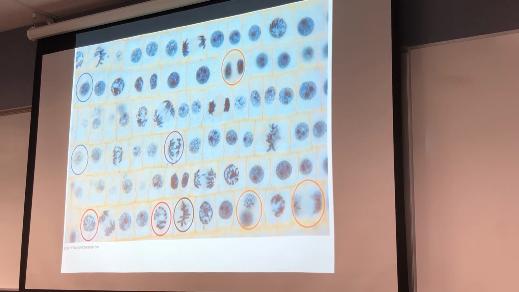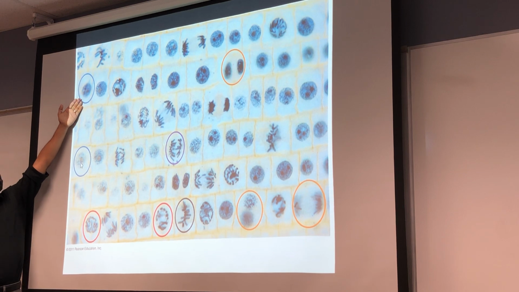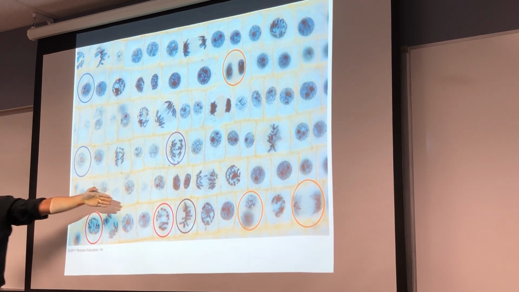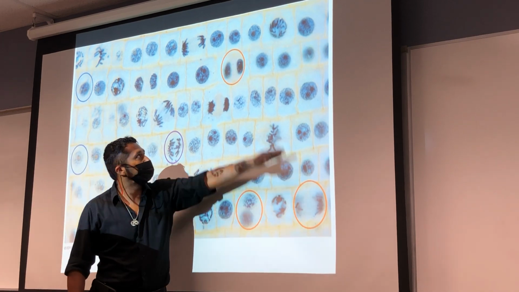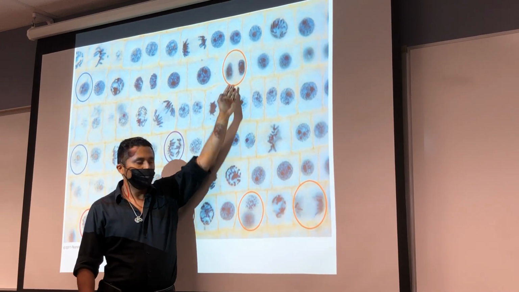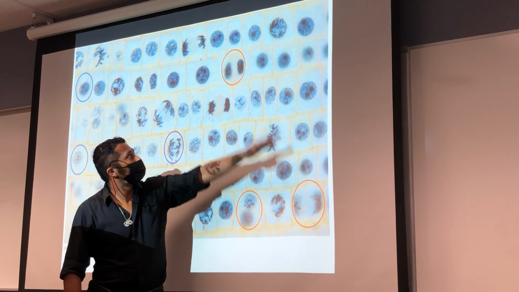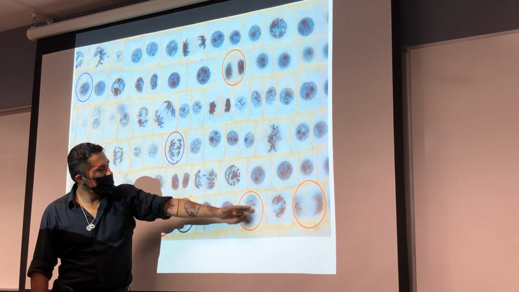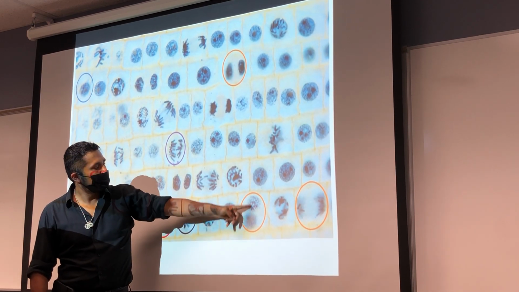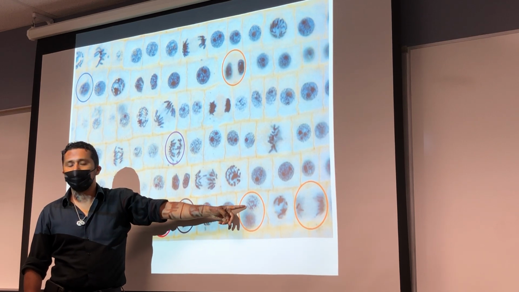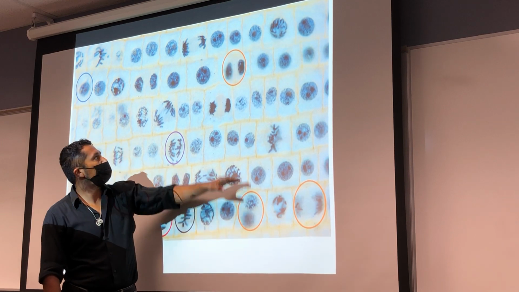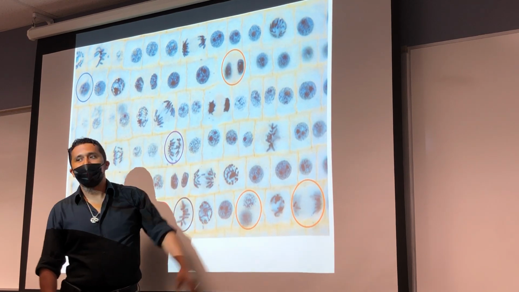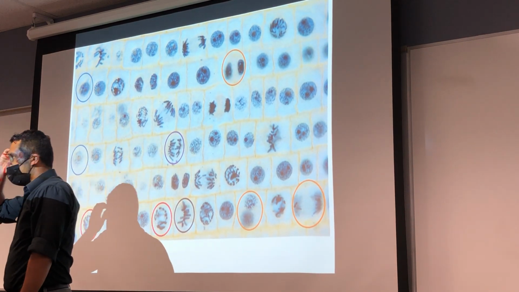So I have shown you some G1, G2, then prophase, prometaphase, metaphase, anaphase, and some examples of telophase. Early telophase, and by the end of telophase, you see the uncondensation of the DNA, and the beginning of cytokinesis.